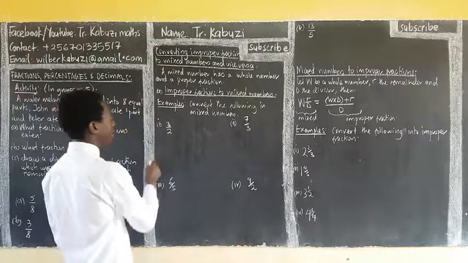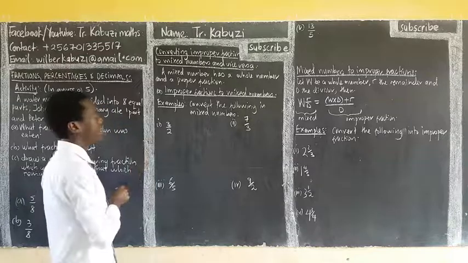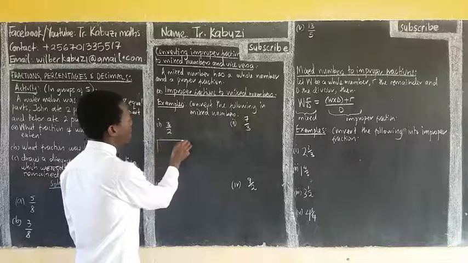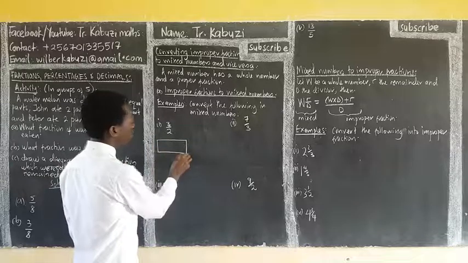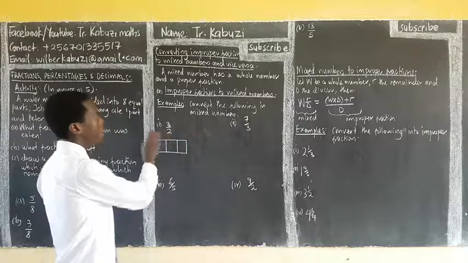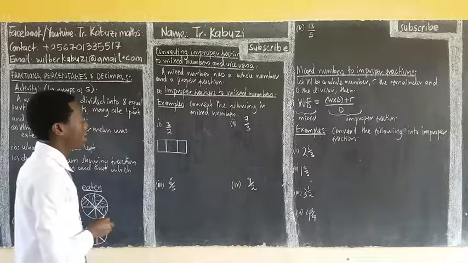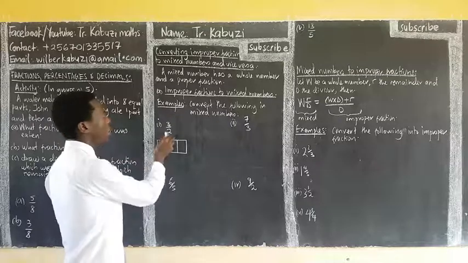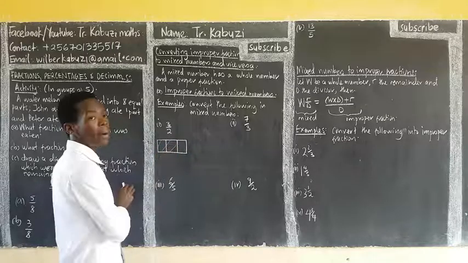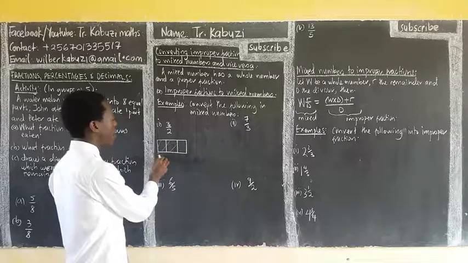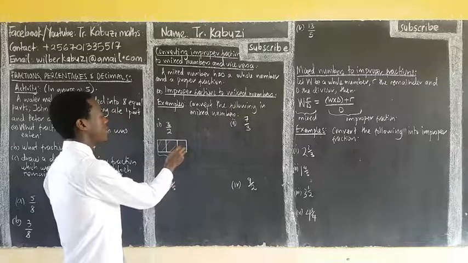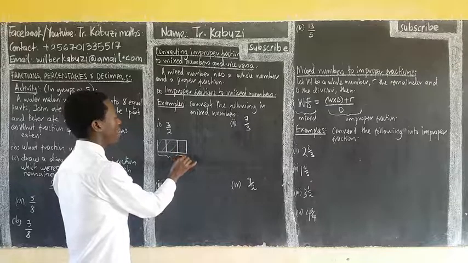So here, the easiest way of understanding this is by first of all having a number with 3. I'm focusing now on the denominator and the numerator. So there we are taking away 2 parts. If I take out these 2 parts, it means that now this one is our whole number. So this is 2 as our whole number. So this one is going to be acting as our remainder.